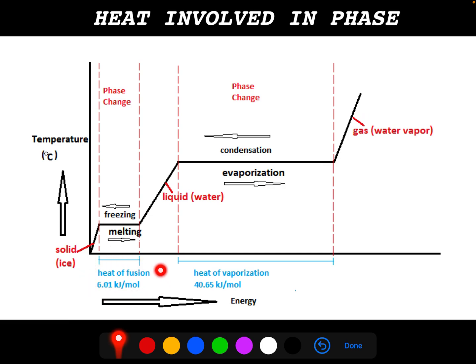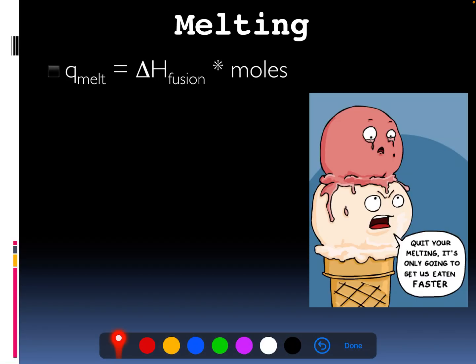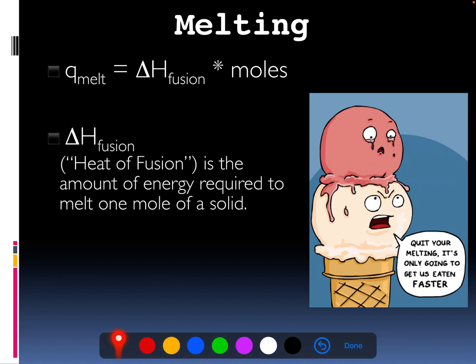We call these areas the heat of fusion and the heat of vaporization. So melting is also called fusion. So the heat that it takes to melt something is the heat of fusion times the number of moles of the substance. You'll notice that Q equals MC delta T involves m for mass, and these equations instead use moles, so you'll need to convert.